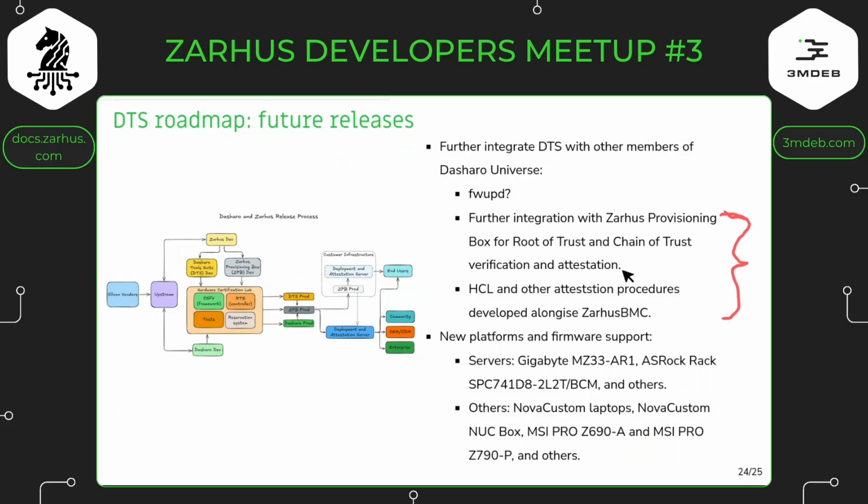For example, the root of trust and chain of trust, verification and attestation, maybe some sharing of the features with the upcoming Zarhus BMC, etc. And of course, there is a lot of new firmware for already existing platforms, or new firmware that will be added to the list of supported hardware soon.